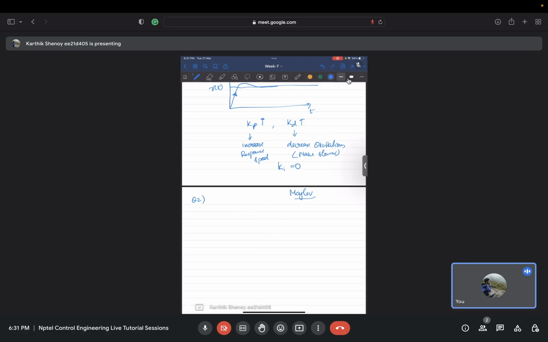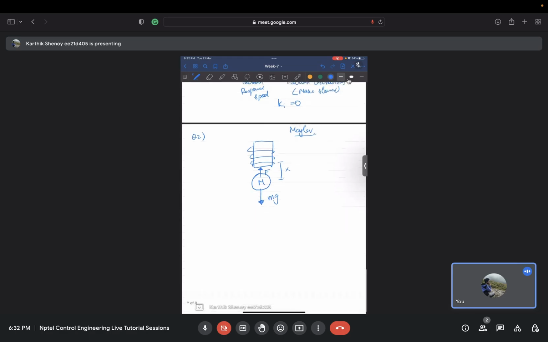So it's an attractive force, right? I'll have this coil wound here, and then there is a metallic sphere. This gap is x. It will have its own weight mg. There will be an attractive force F. I can model the system, and there will be some air drag here.